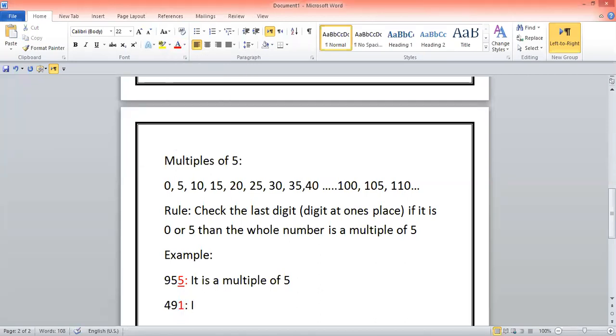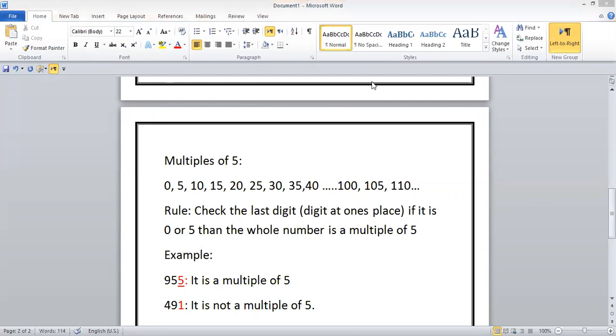So it is not 0, it is not 5, so it is not a multiple of 5.